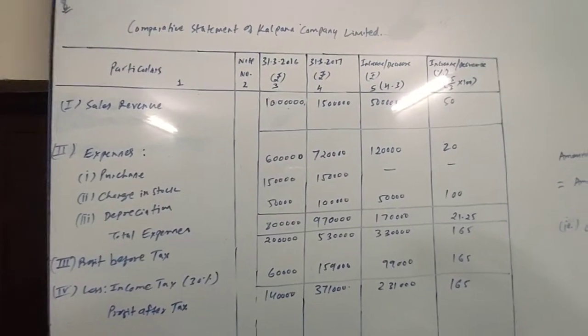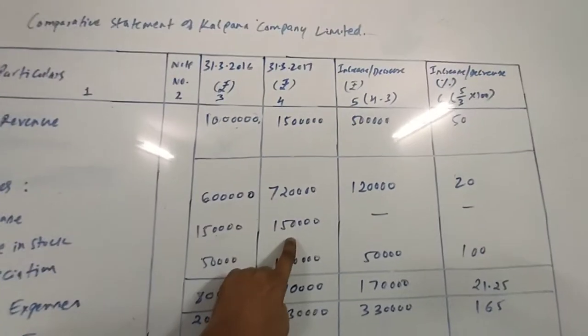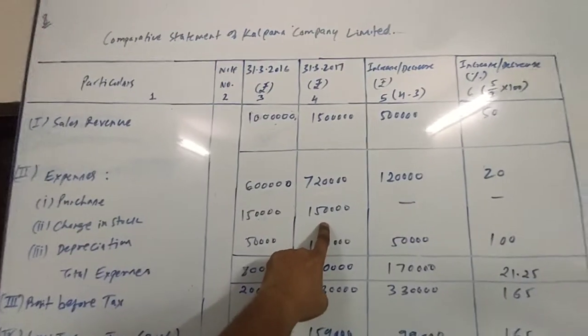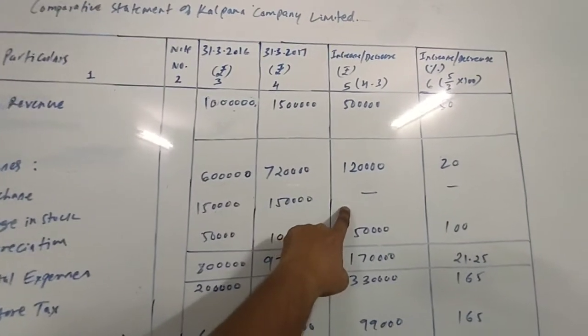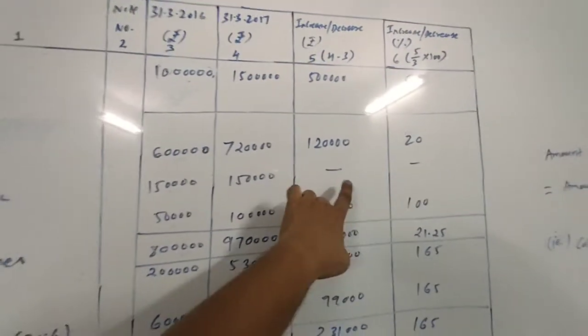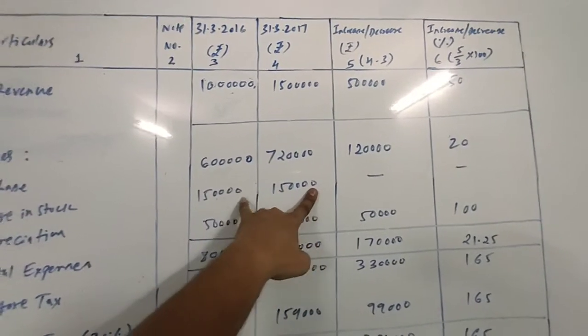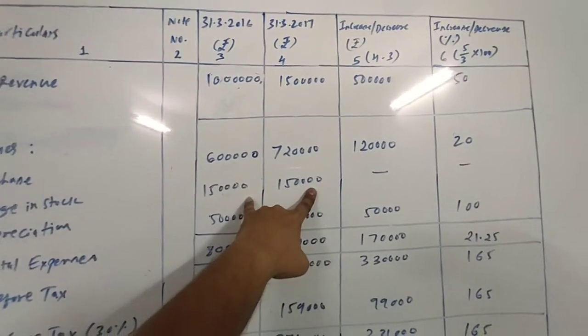And then change in stock. So friends, change in stock in the year 2017 the amount is given 1,50,000, and here a dash is given. That means there is no increase. Percentage also dash. So there is no increase or decrease. That means these amounts are the same. So the same amount 1,50,000 will come here.